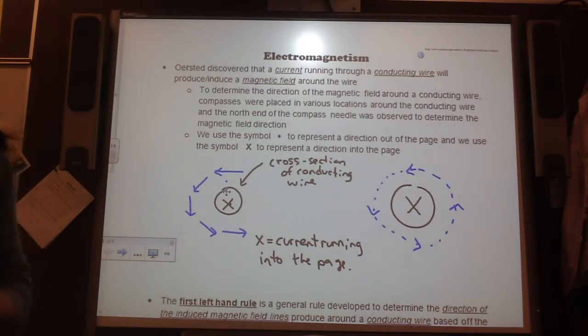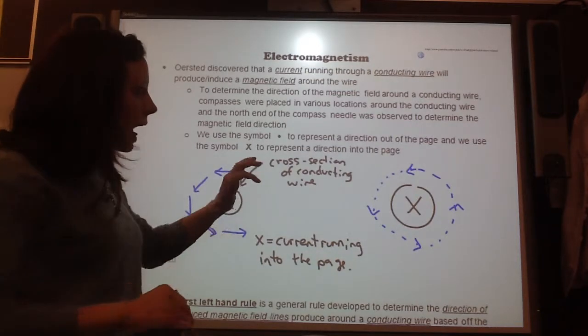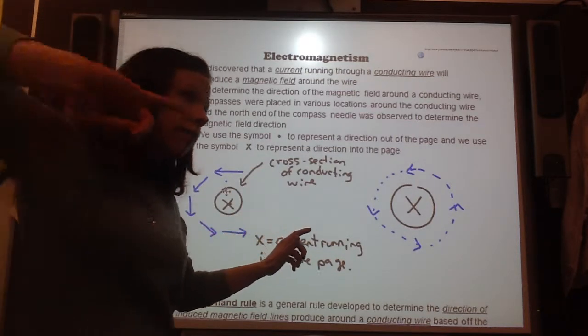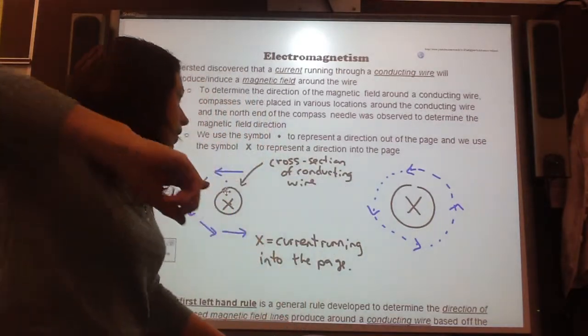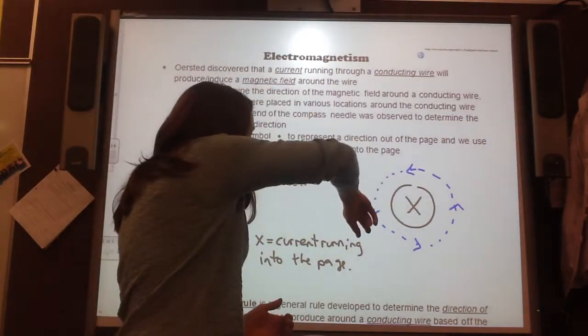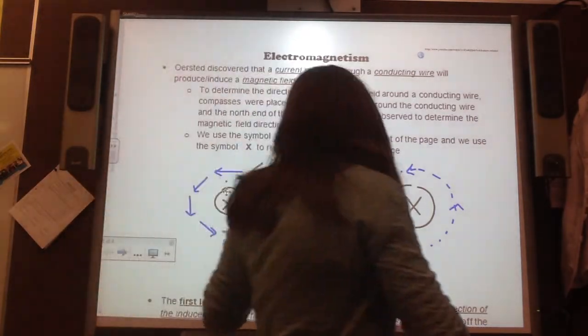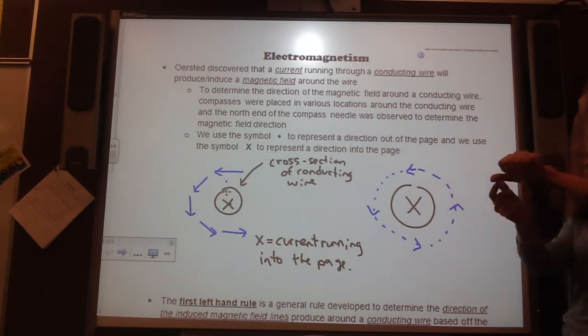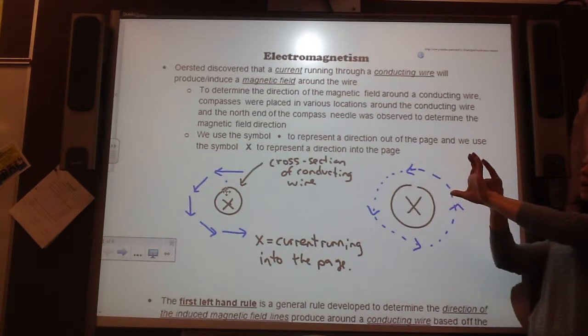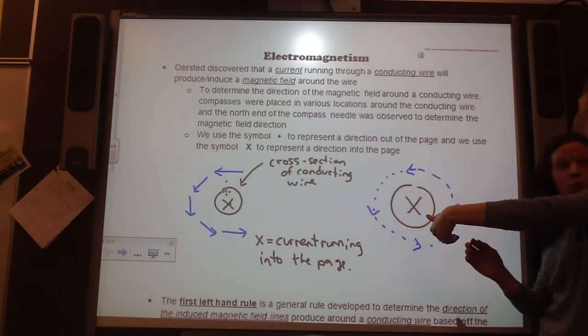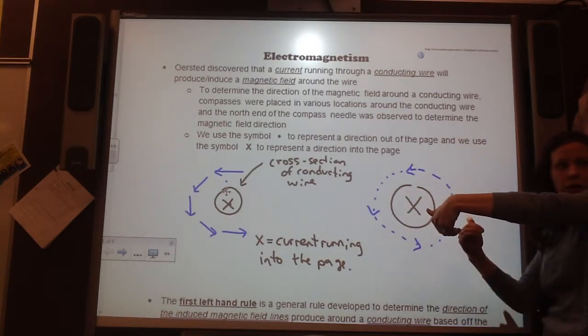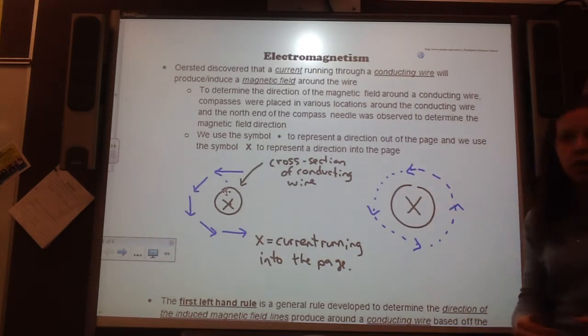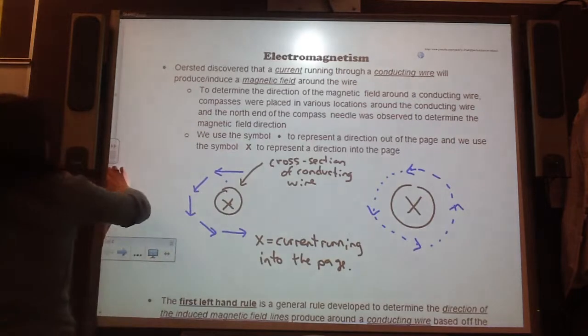It is going in this direction based on the direction of the actual current of the electrons. So if the electrons are flowing this way, so that's my thumb, they're going in, then my fingers show which way the magnetic field is going, because it goes around it. So this is the rule.